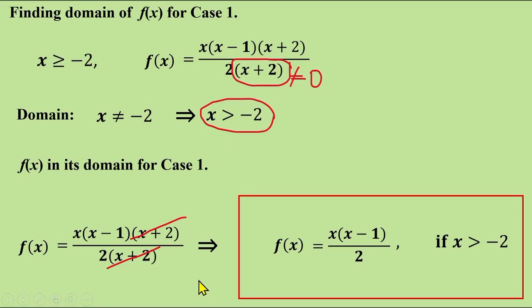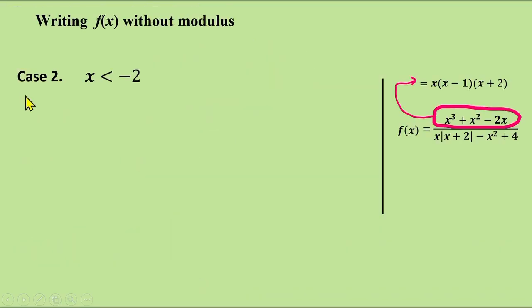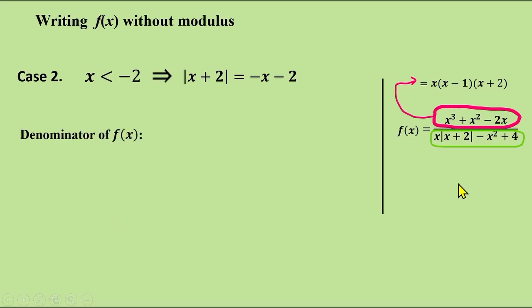Next, we go to the case 2, x smaller than -2. Here we know numerator already. Then we take modulus of x plus 2 and rewrite the denominator as follows.